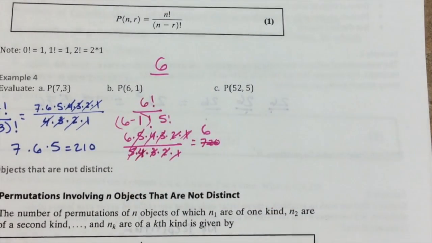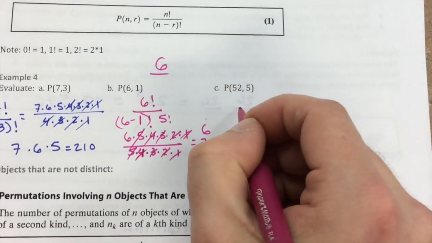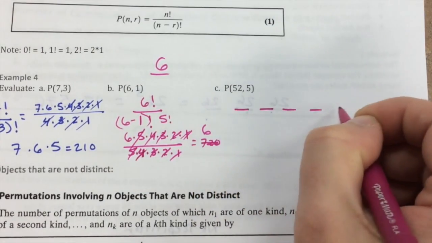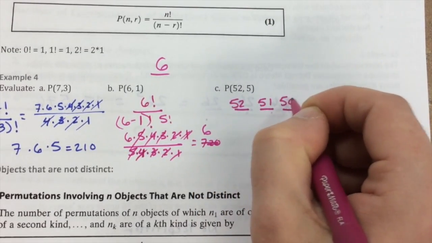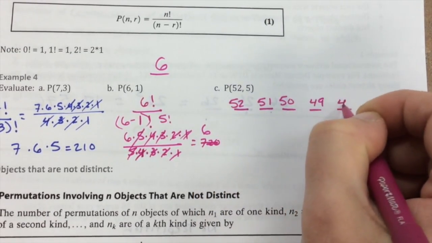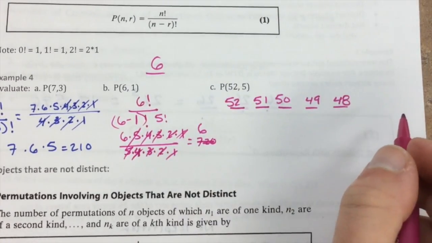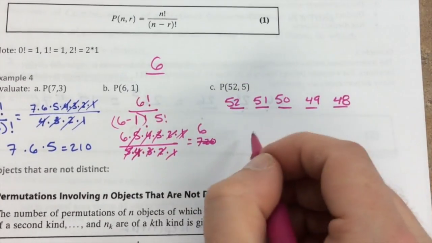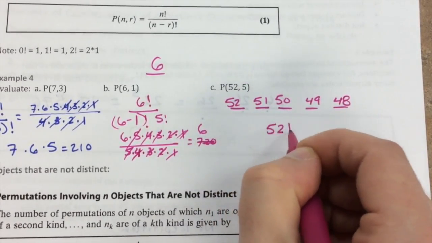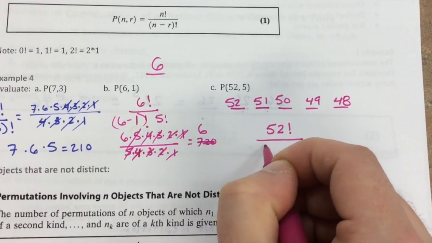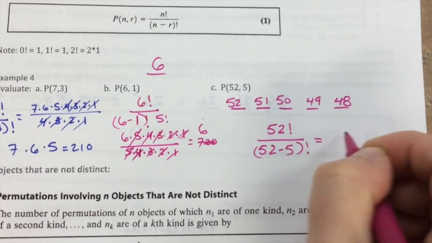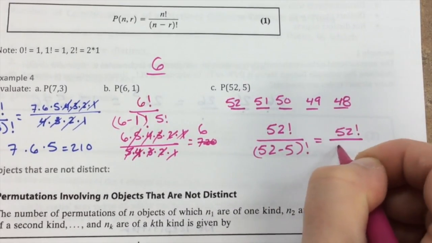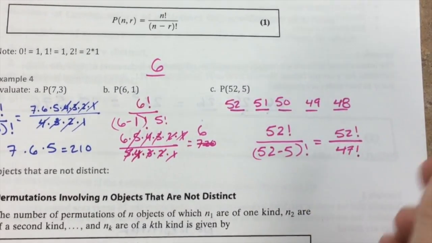How about 52 cards? We're going to pick 5 of them. We could have 52, 51, 50, 49, 48. So that's our permutation. That's how we did it before. If we wrote out the formula, that would be 52 factorial over 52 minus 5 factorial, which is 52 factorial over 47 factorial.